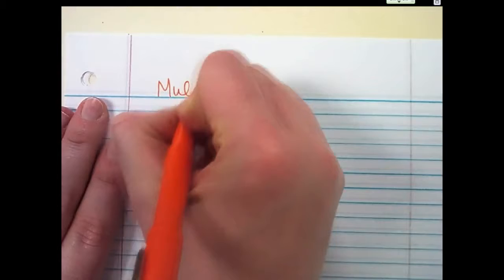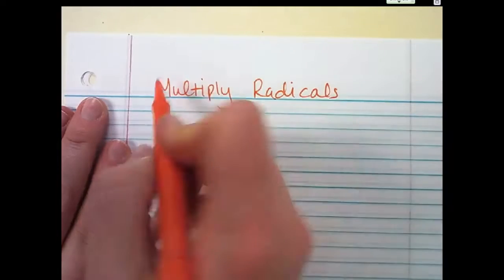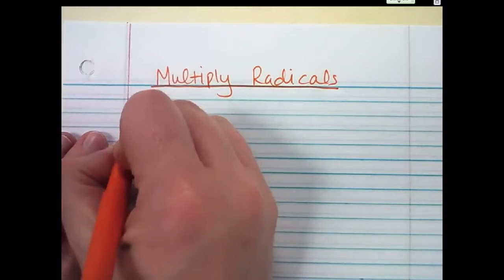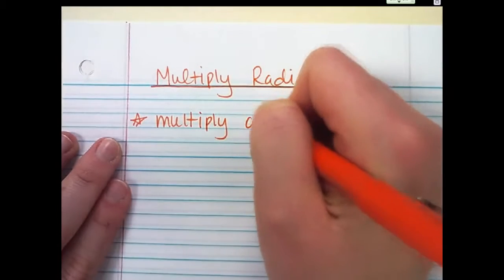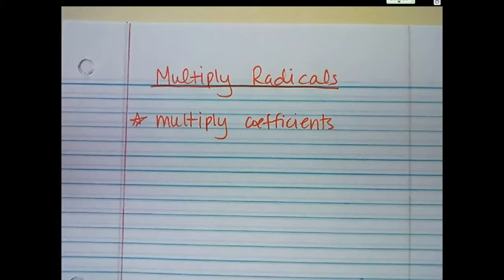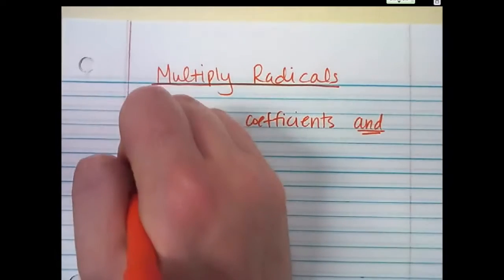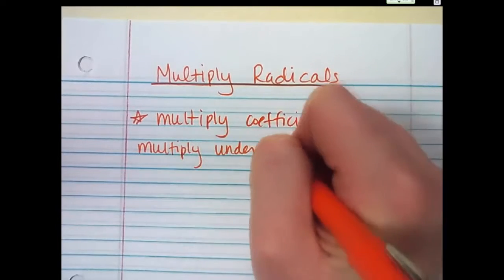Okay, multiplying. The last thing. So when you multiply radicals, we're going to multiply the coefficients that are in front of the radicals together, and then we're going to multiply under the radicals together.